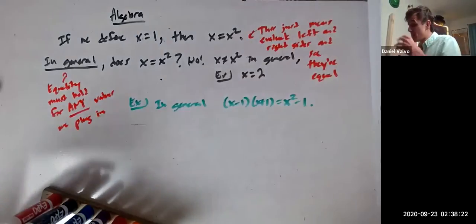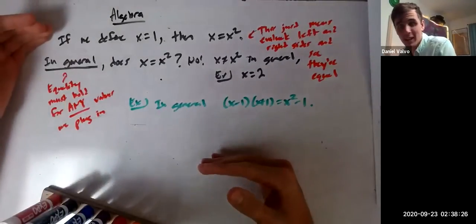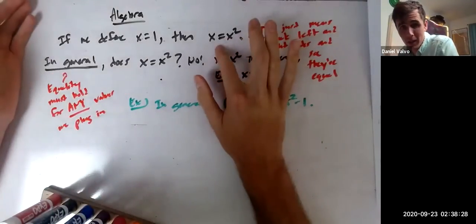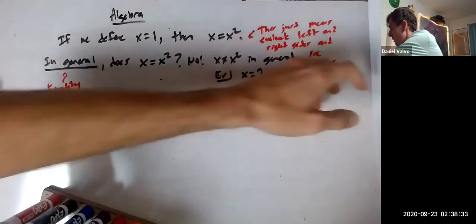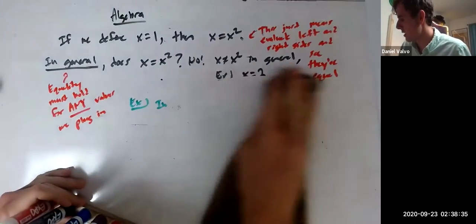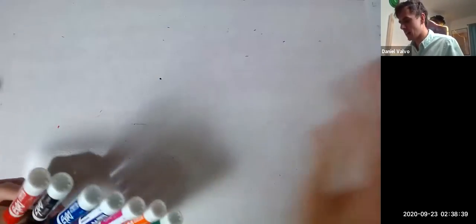Good. So the point is that we have to be careful with thinking about things in general versus thinking about specific things. It's not always wrong that X equals X squared, but in general, X is not equal to X squared. We can see that in logic too.